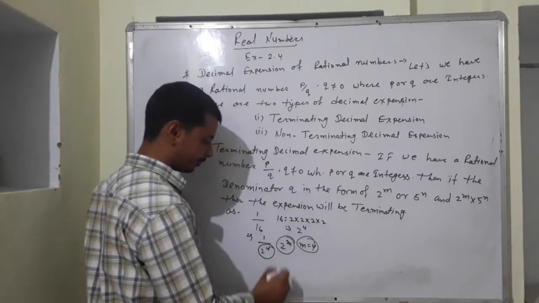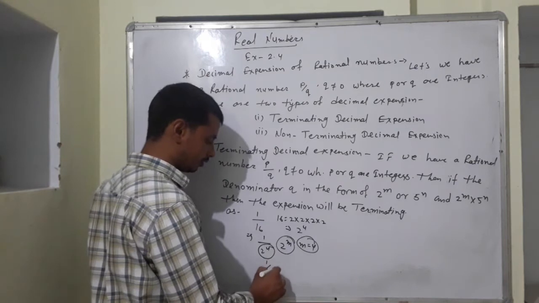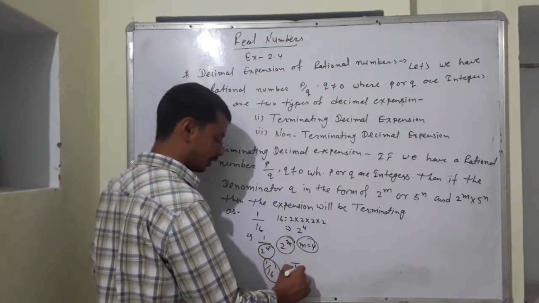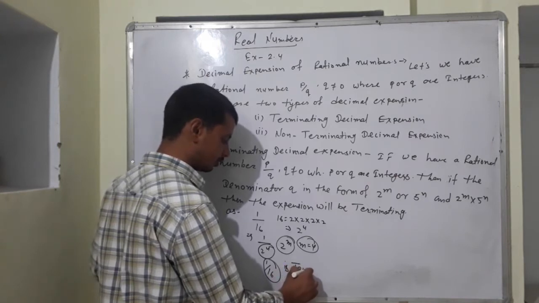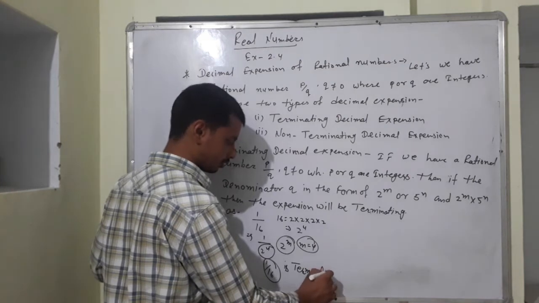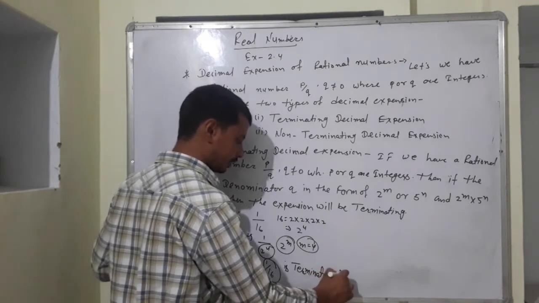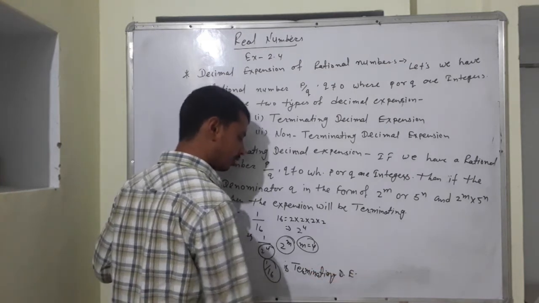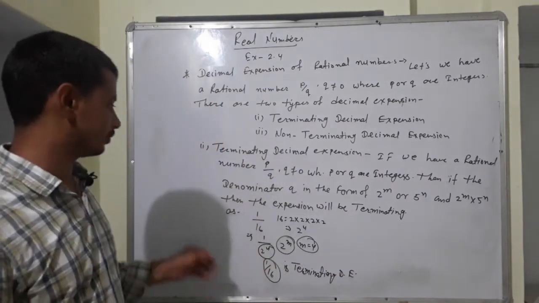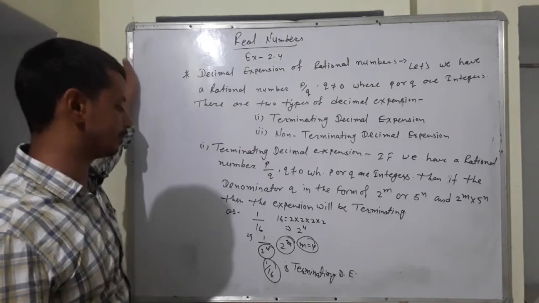So 1 upon 16 is terminating decimal expansion. Okay, note the first part.